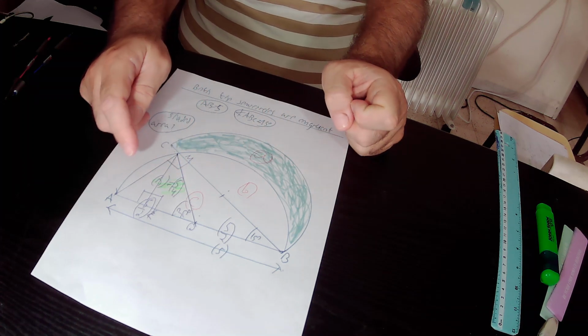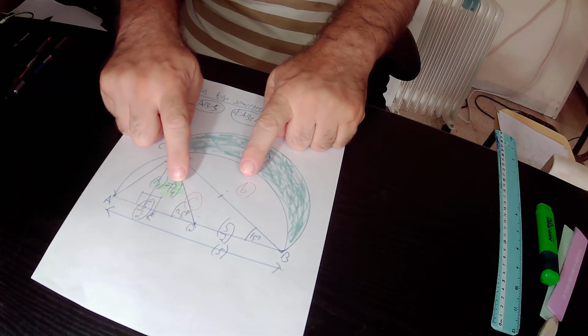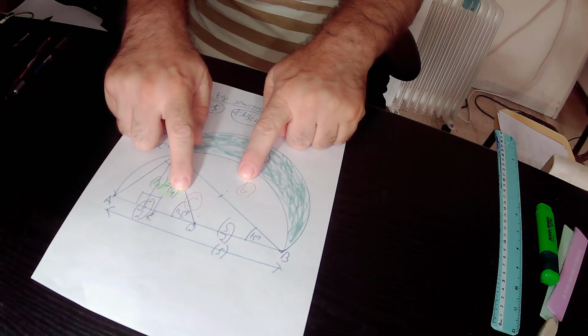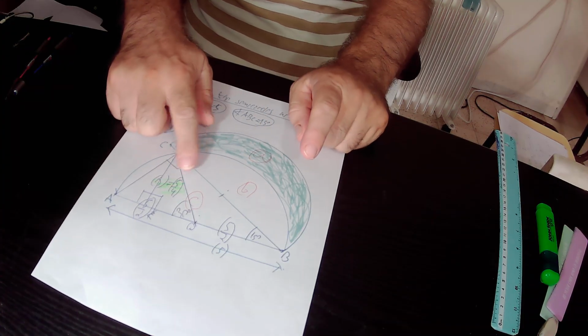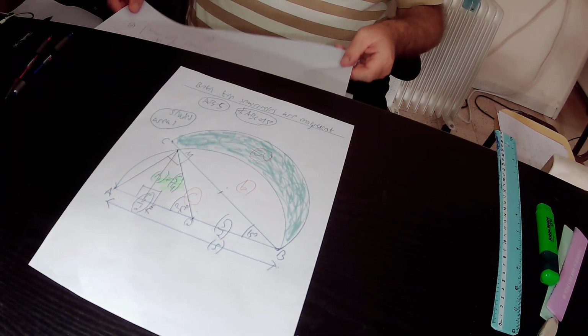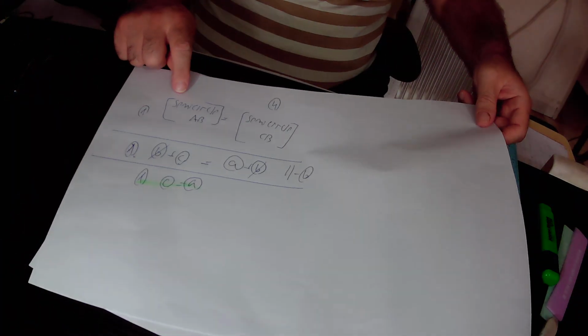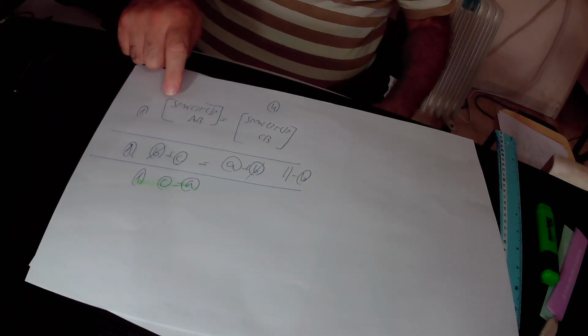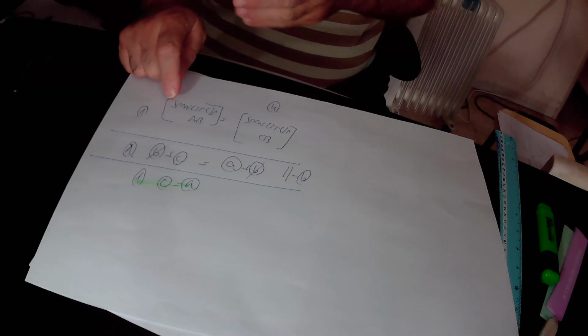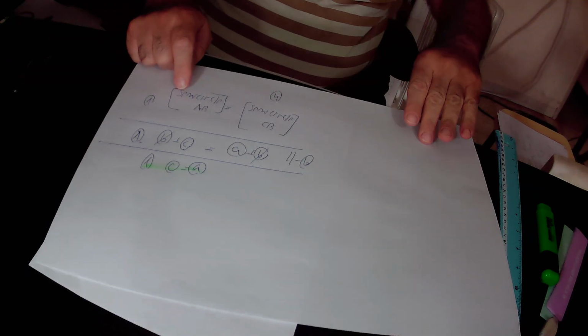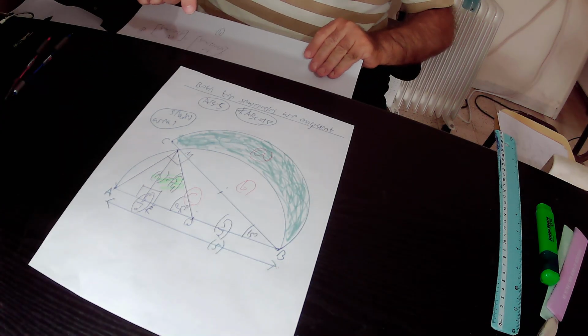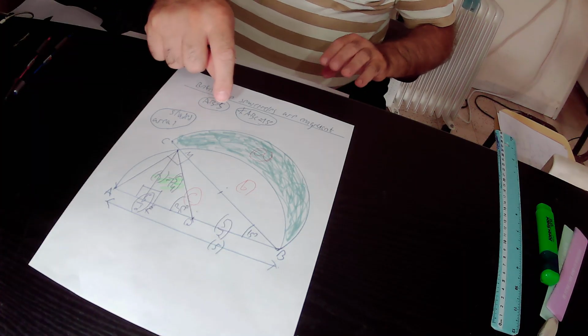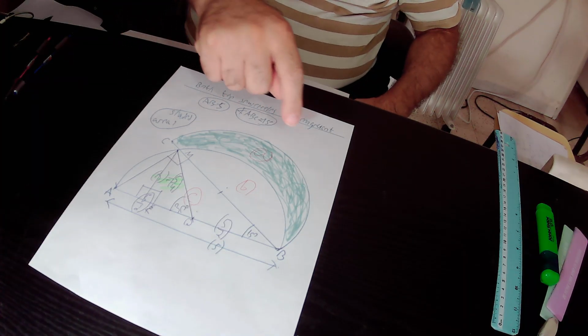Therefore, its area must equal the sum of the areas of the two shapes it consists of, that is B plus C. And this is equal to the area of this triangle and the area of this semicircle CB.